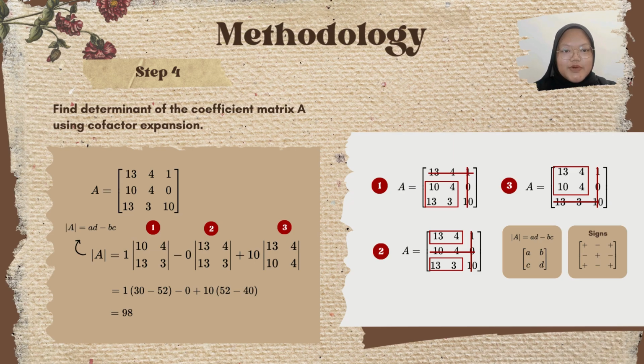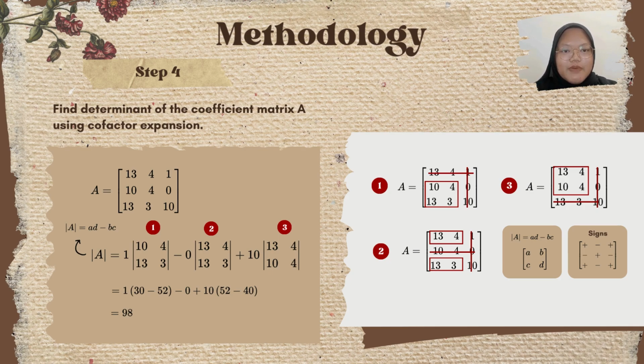As you can see, number 1 in the red circle, we cross out the value 1 by intersection, which is the first row and third column. Then we get the numbers in the square shape, which are 10, 4, 13, and 3. We put value 1 and multiply with the determinant of the numbers in the square shape.